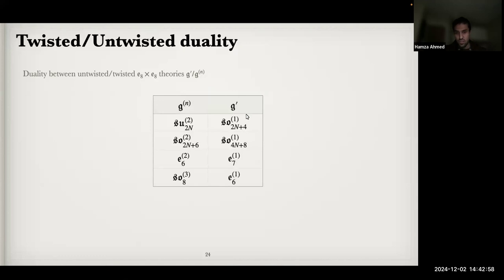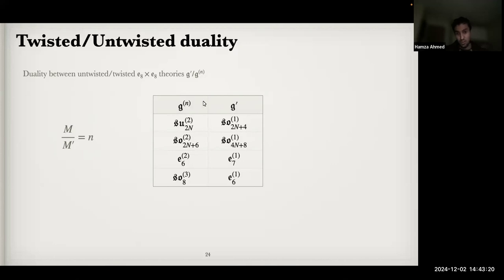This is the sort of result we find, where this twisted LST is dual to this untwisted LST, as long as the number of fibranes on both sides are related through the order of the twist. We don't know why this condition must be there, but this is what we always find.